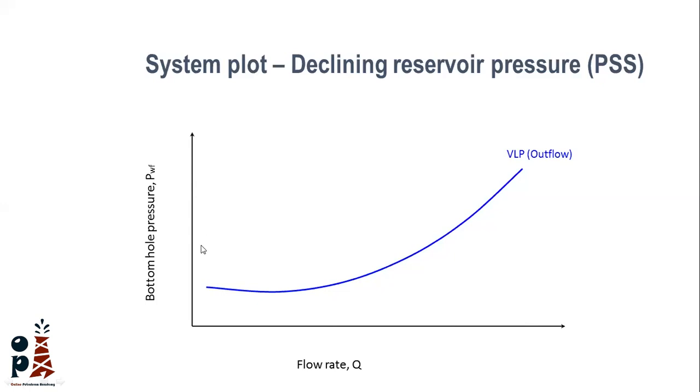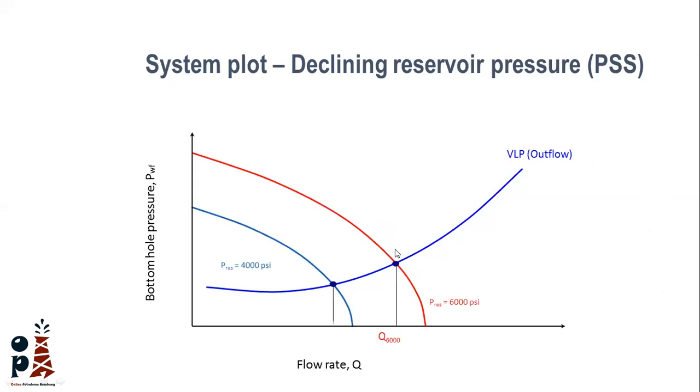So as we see here, this is the VLP, and as we said, we want to see the effect of declining the pressure on the system. So declining the pressure is not related to the VLP at any time, it's related to the IPR. So this is the original reservoir pressure, and then the reservoir pressure declined into this.